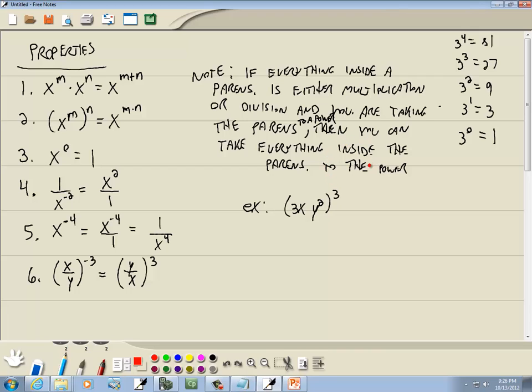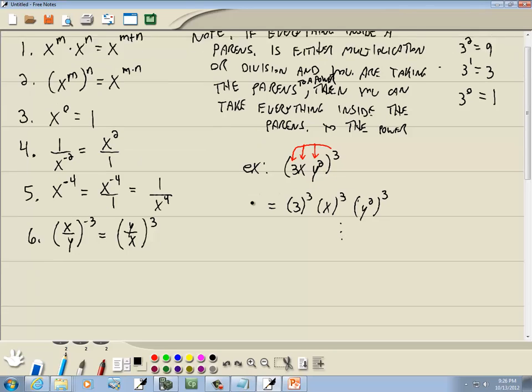But it says then you can take everything inside the parentheses to that power. So we're going to take the 3 to that power, the x to that power, and the y squared to that power. So this would be 3 to the third power, x to the third power, and the y squared to the third power. And then you could go down from there. So that's what that's referring to.